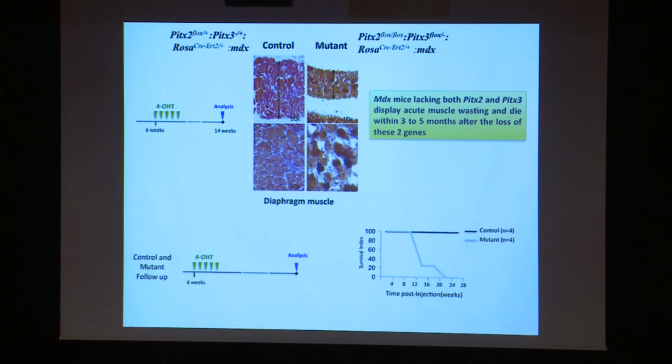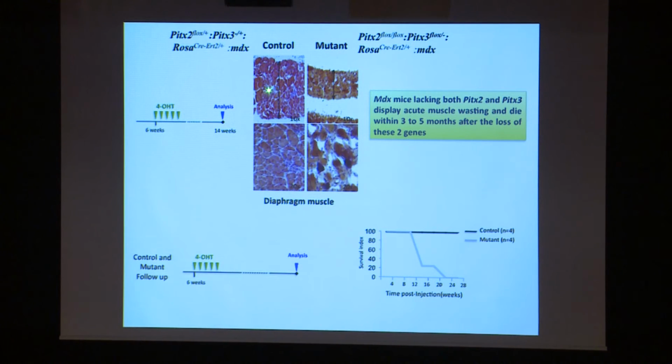And we also used again the mouse model that I mentioned at the beginning, which is the MDX mice. Those mice are missing dystrophin, which is absolutely required for the stability of fibers. And these mice undergo constant degeneration and regeneration. And we introduced the PITX2-3 deficiency in these mice. And what we found is that there is a severe muscle phenotype occurring.